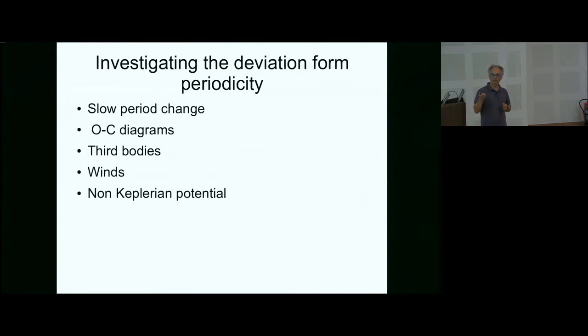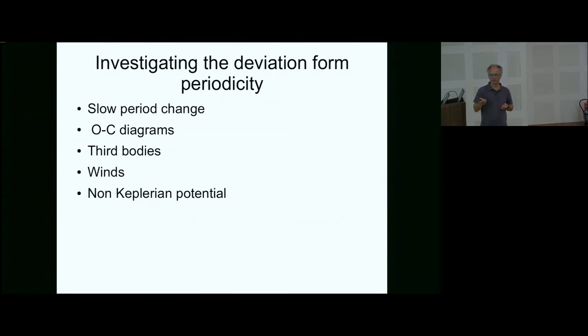We can have the presence of third bodies. So if we observe a binary, but it's actually a hierarchical system with a third star far away, but not very far away, the two stars are essentially moving in a non-uniform gravitational potential of the third companion, and that affects their periods, their motion.